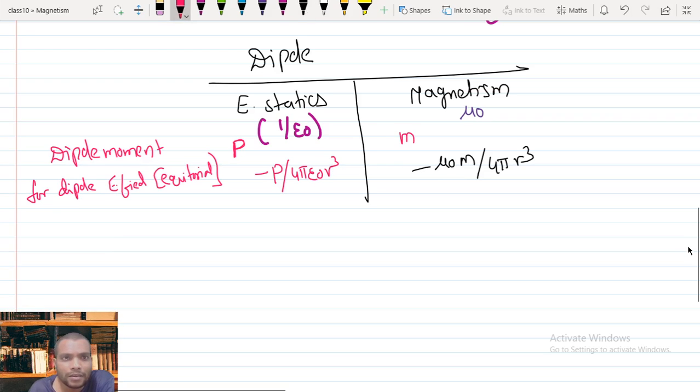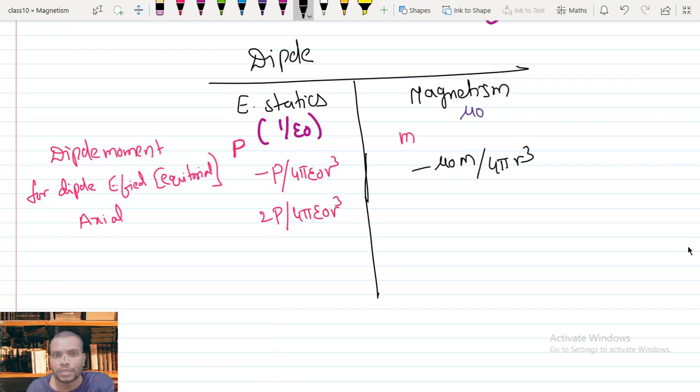Now when you take the axial point, this is 2p upon 4 pi epsilon naught r cube.